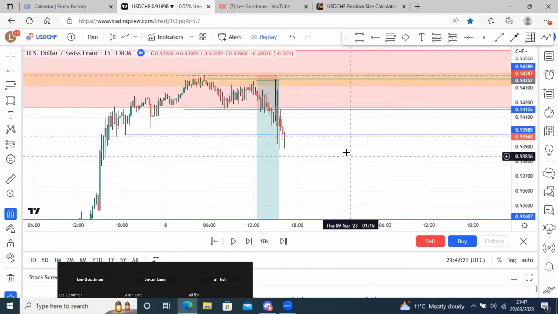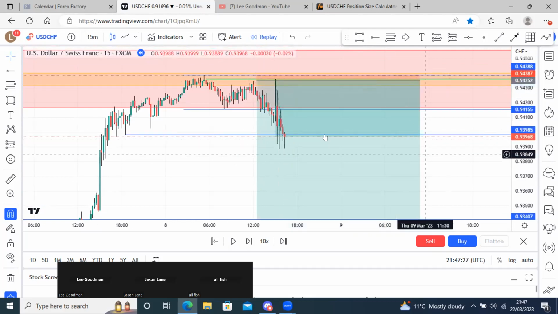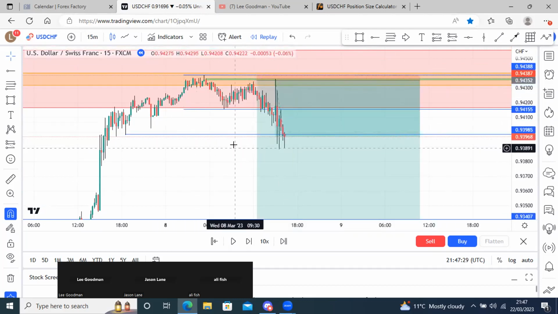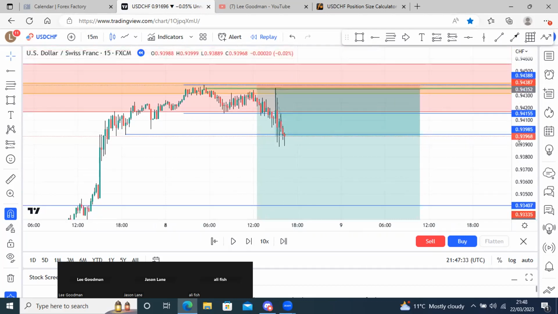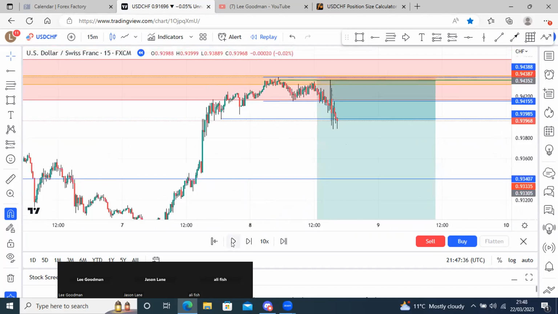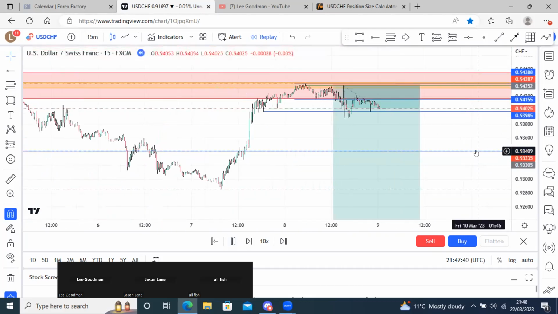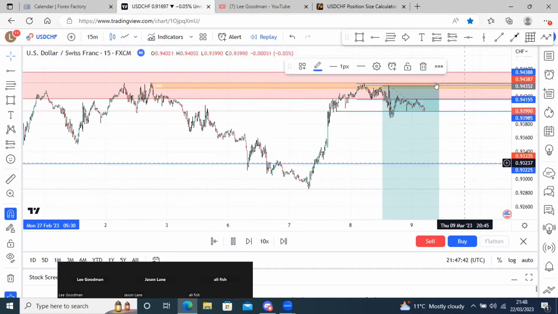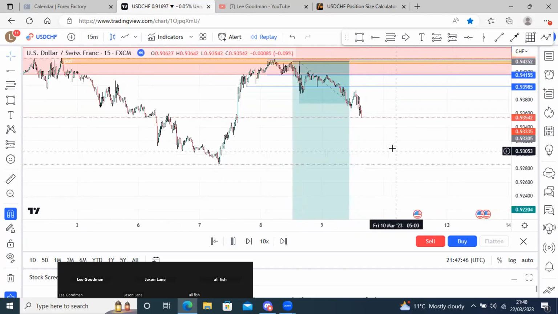I'd give it a bit of time to break a couple of structures again on the 15, and then I would literally just watch it on the 15 and wait for any change of character, breaks of structures. Essentially, it literally just melts away.